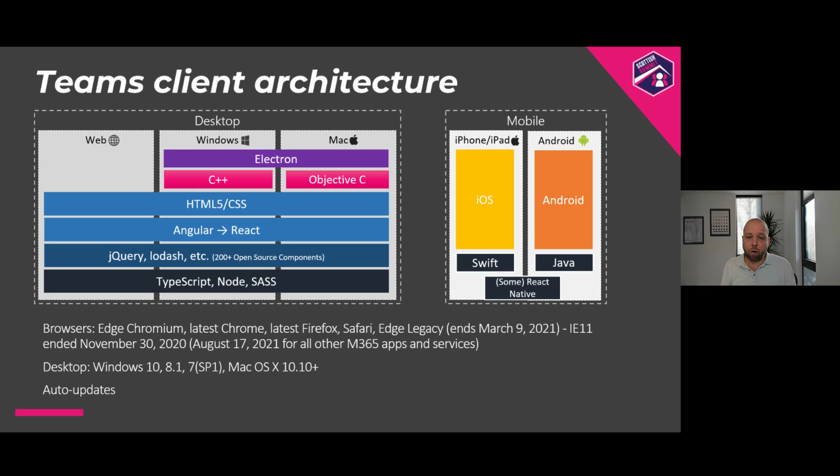Now, what you need to know and what you need to realize is that all the apps, the desktop apps, the mobile apps, Microsoft uses an auto update mechanism in those apps. So it's different from Word or Excel or PowerPoint or Outlook, because that's easier to manage when a user in your environment or a coworker or a colleague receives an update.